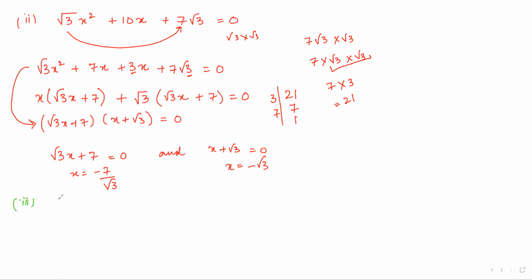So this was also asked in one of the board examinations. 4x square minus 2 into a square plus b square into x plus a square b square is equal to 0.